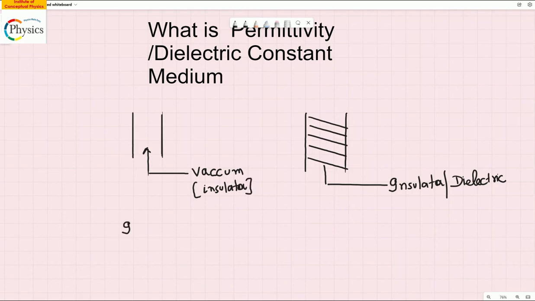An insulator does not have any free electron. So even if you apply a battery to an insulator, no current will flow. Insulators have no extra electrons like metals. Metals have extra electrons that help in the flow of electricity.